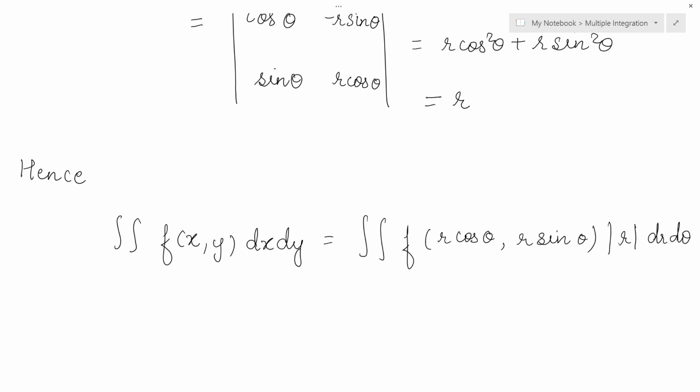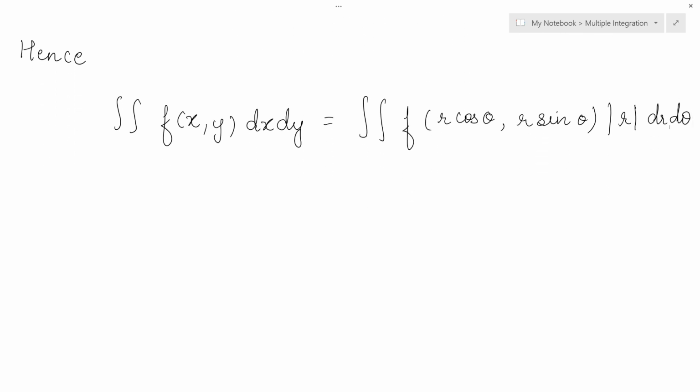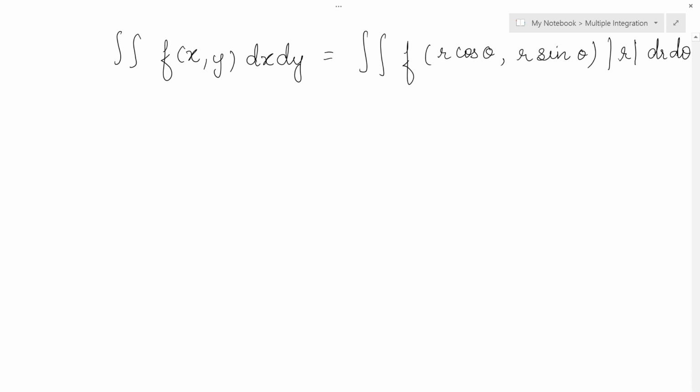Now usually in double integration of polar form, you have to take the integration with respect to r and theta. But in this case, we don't have a vertical strip or a horizontal strip as in the Cartesian coordinate. Here we have a radial strip. For example, if it is a circle, the strip is from the origin this way and that way.